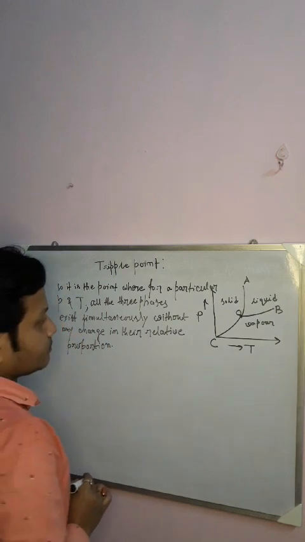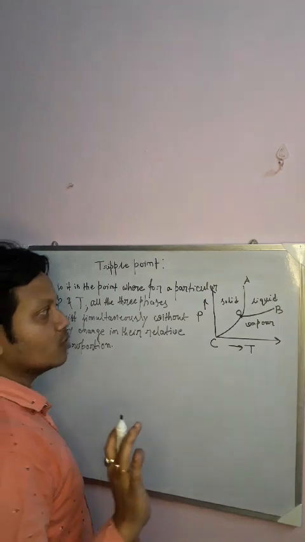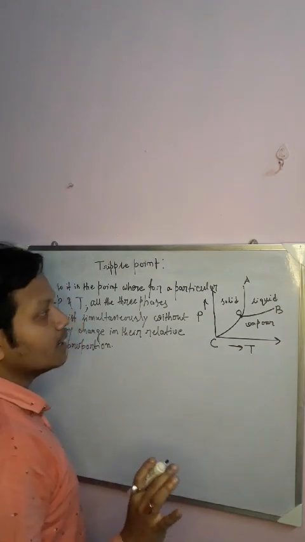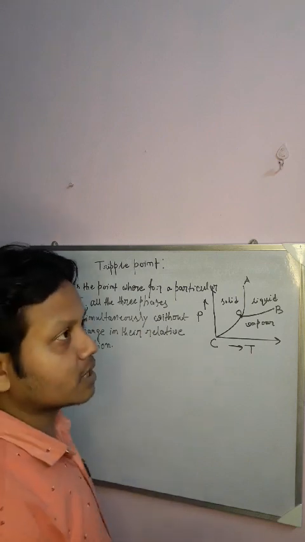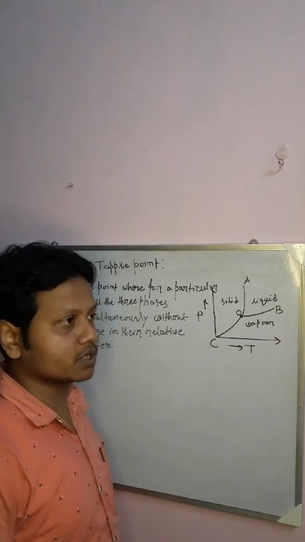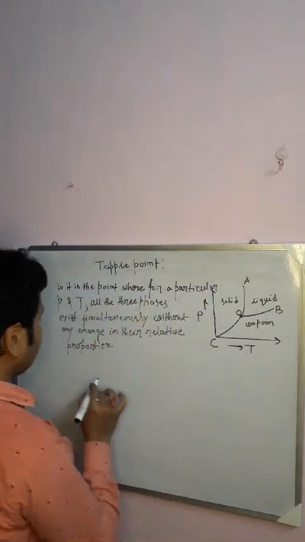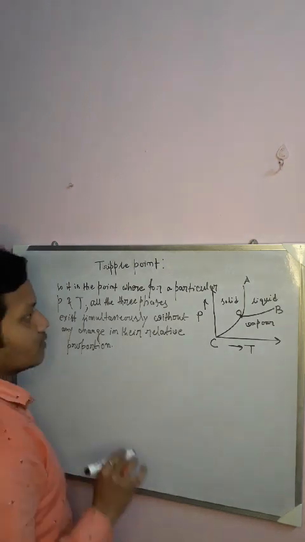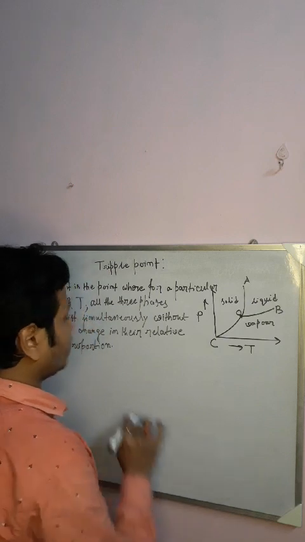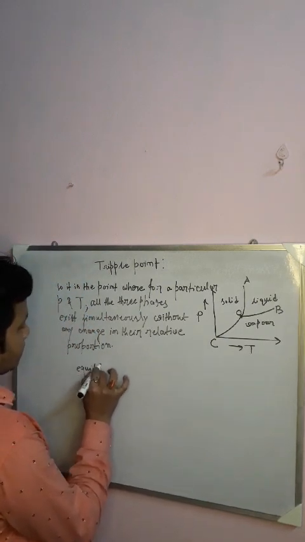Now whenever there is an equilibrium between any two phases, we know that there is a transfer of energy, and in case of a first order transition this transfer of energy is governed by the first latent heat equation or Clausius-Clapeyron equation. So phase transition involves the transfer of energy.